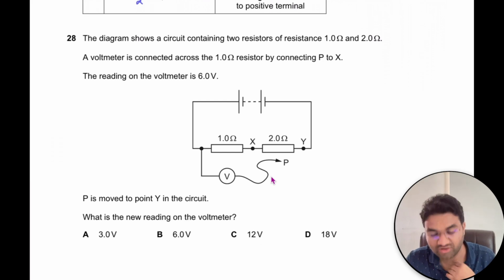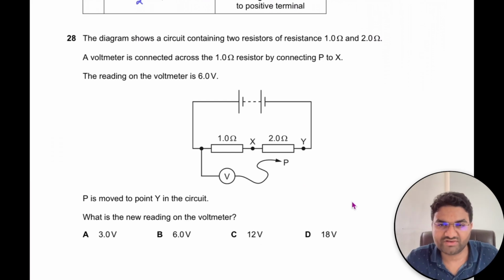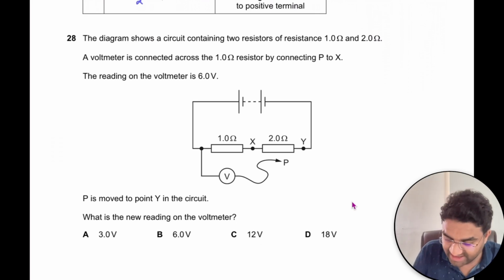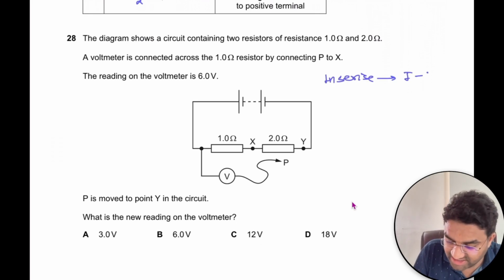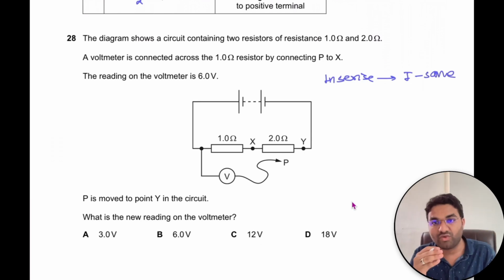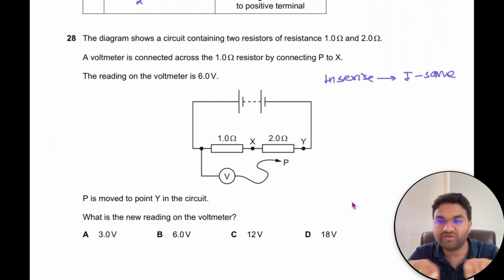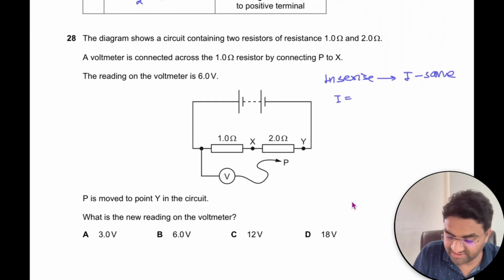What is the new reading on the voltmeter? So see, here we have one trick. This is a series circuit, right? In series, I is the same, means current is the same, isn't it?